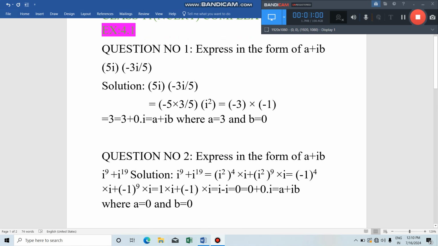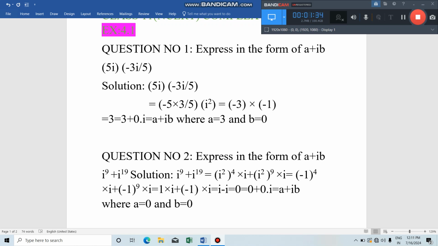Express this in the form of a plus ib: i to the power 9 plus i to the power 19. Here is the solution. We can write i to the power 9 as i square whole power 4 into i, which gives i to the power 8 into i. Similarly, i to the power 19 is i square whole power 9 into i, which gives i to the power 18 into i equals i to the power 19.